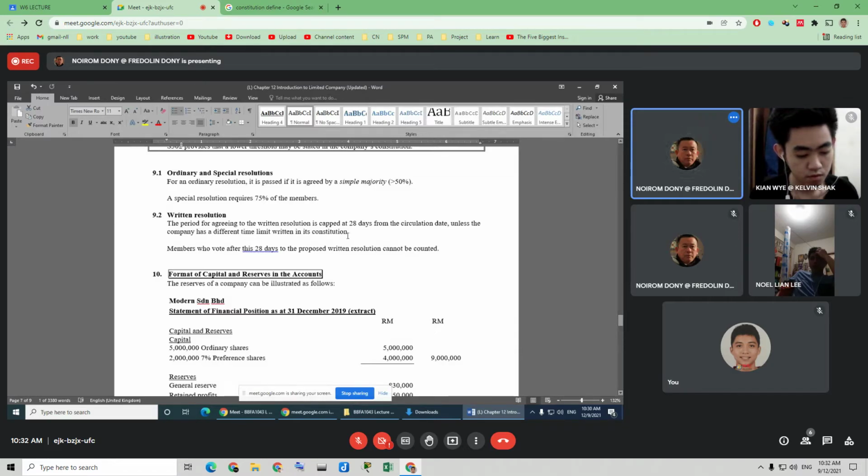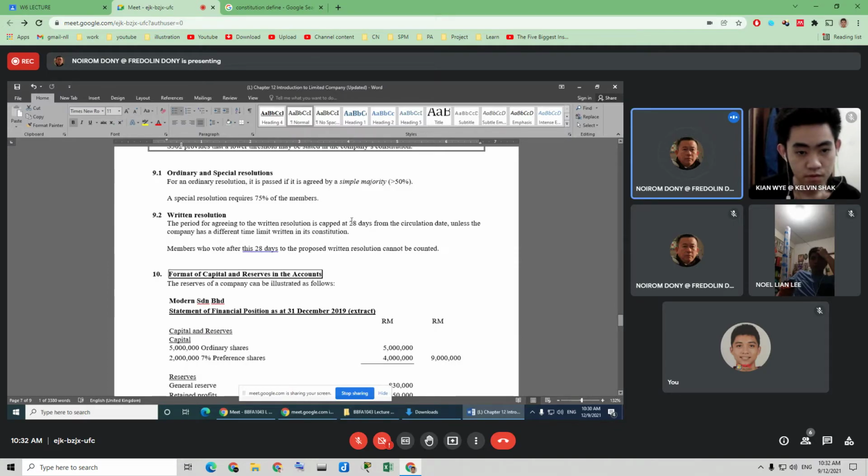For a written resolution circulated among members, which is only applicable to Sdn Bhd, private limited companies, it can be circulated for a maximum of 28 days.